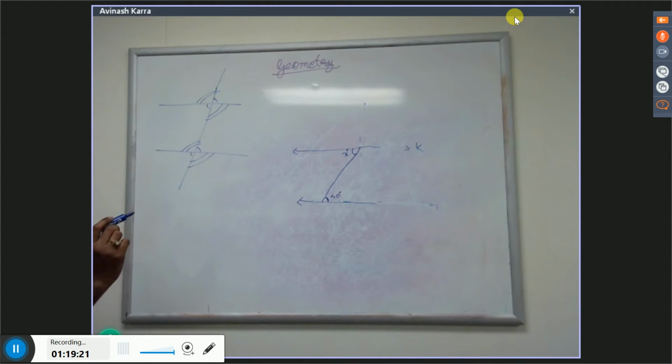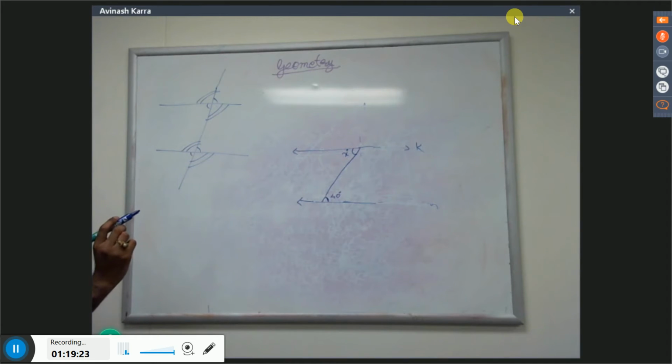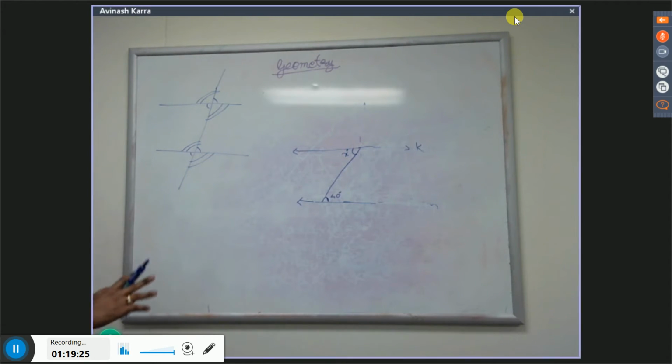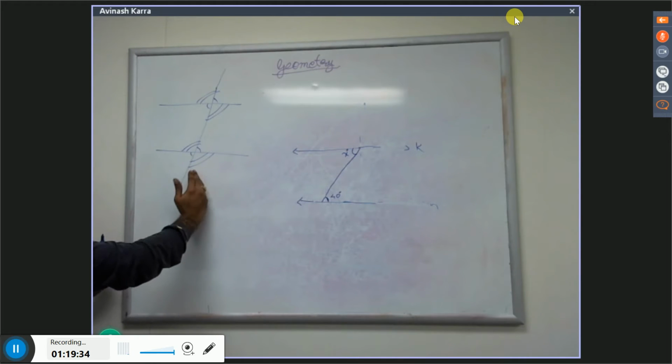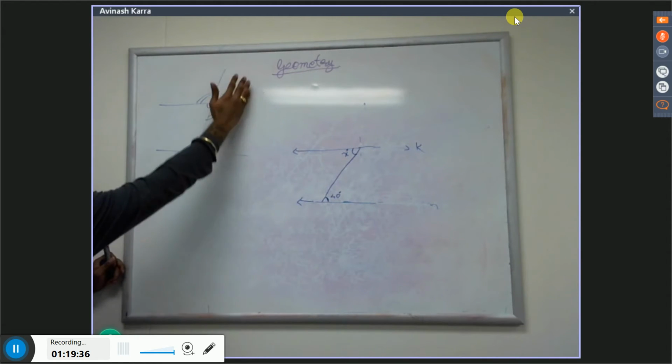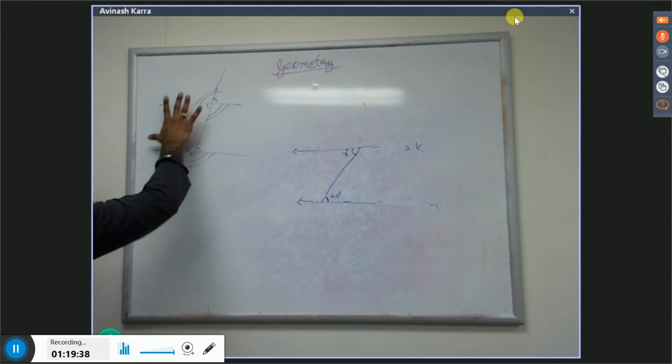Okay. Thank you. I mean, don't worry about remembering the names, but mainly concentrate on the concept. If you have a doubt, just draw this diagram.